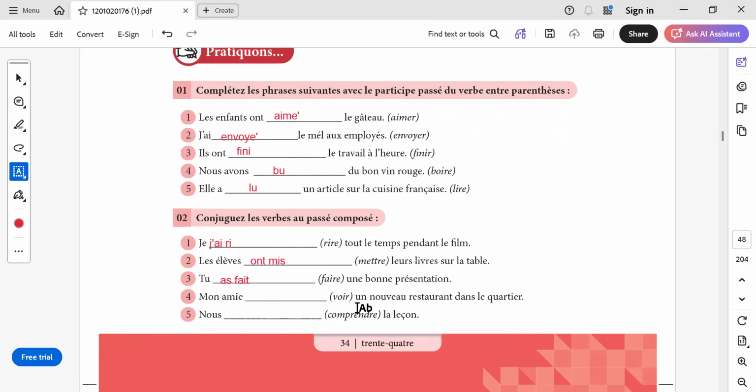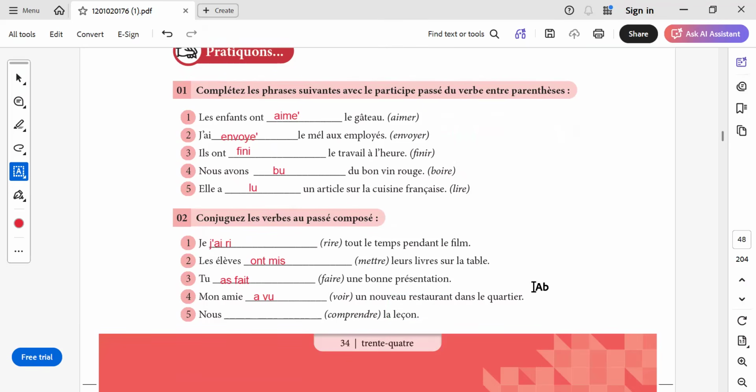Mon ami voir un nouveau restaurant dans le quartier. Mon ami, third person singular. So, a, vu, irregular, right? Mon ami a vu un nouveau restaurant dans le quartier. Now, when you do certain exercises, pay attention to the details, the adjective possessive used here, the adjective nouveau used here.